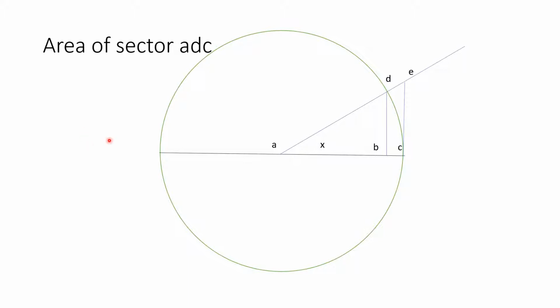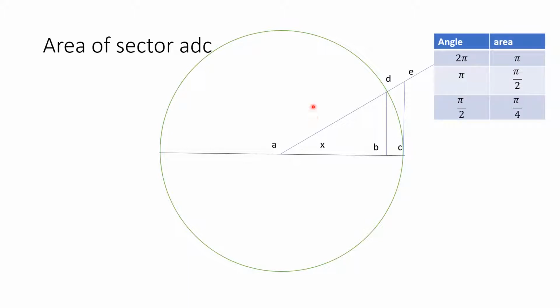That brings us to the sector ADC. What is its area? Well, let's put in some values for x, some different angles, and put them into a little table here. If x were the entire 360 degrees, the whole circle, which is 2 pi in radians, what would be the area of a unit circle with radius 1? The area would be pi.